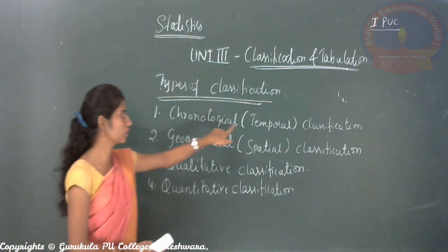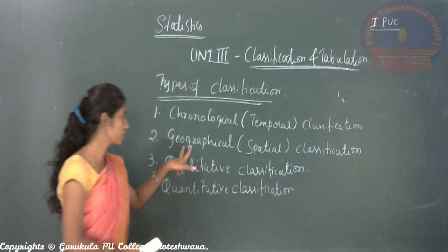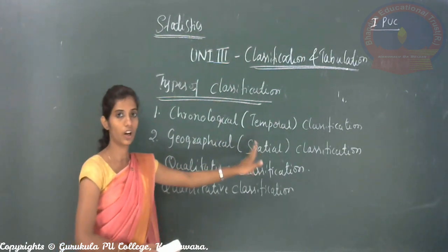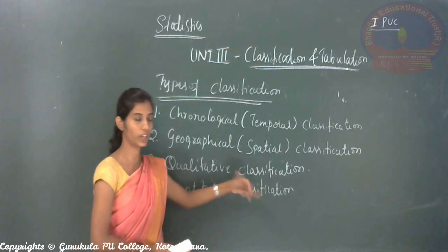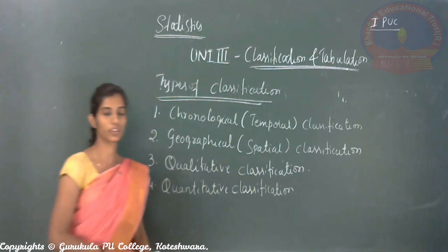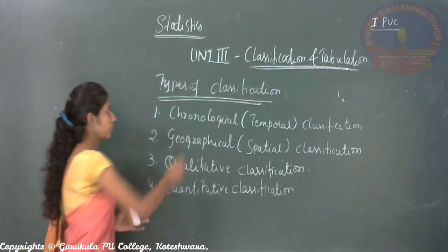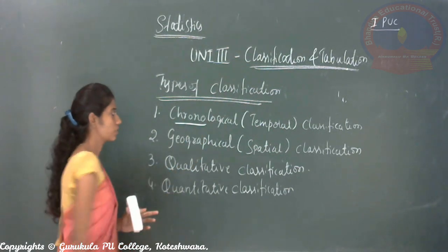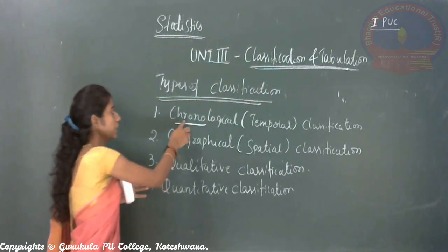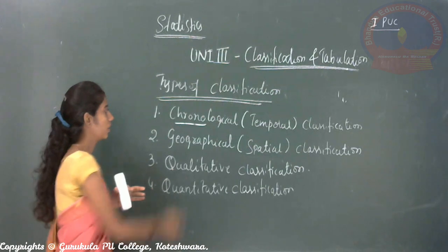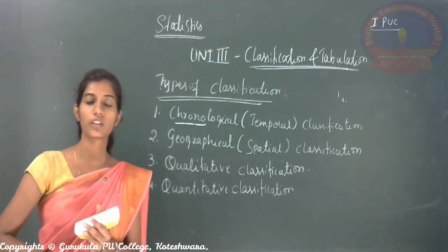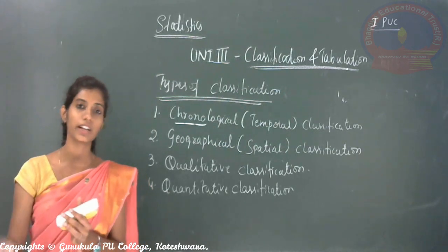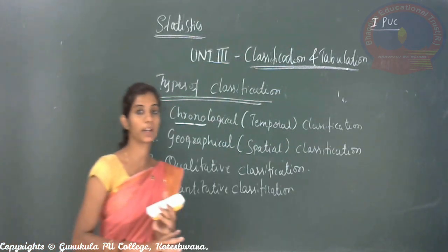First is chronological or temporal classification, geographical or spatial classification, third is qualitative classification and quantitative classification. Before going to the first one, you should know the meaning of temporal or chronological. Chronological or temporal is nothing but related to time period.